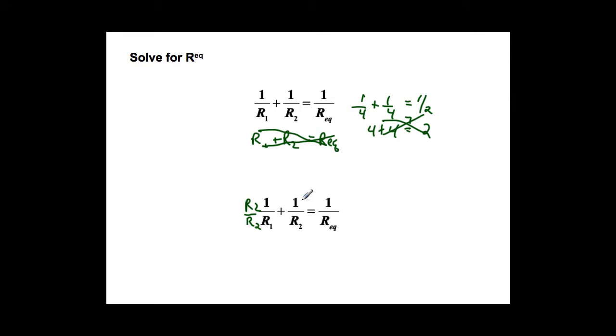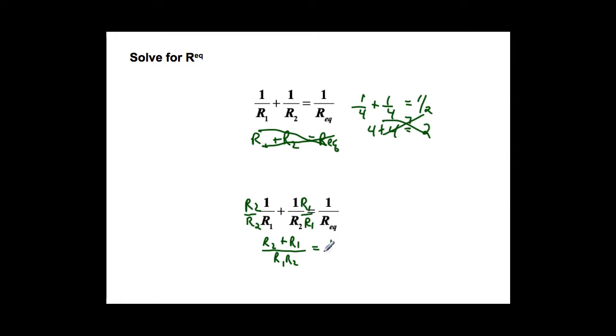Similarly, I'm going to multiply just this one term by 1, or r1 over r1. Now what I've got is r2 plus r1. This was r2 over r1 r2. This is r1 over r1 r2. They have the same common denominator now, so that I can add them in the numerator and keep the same common denominator.